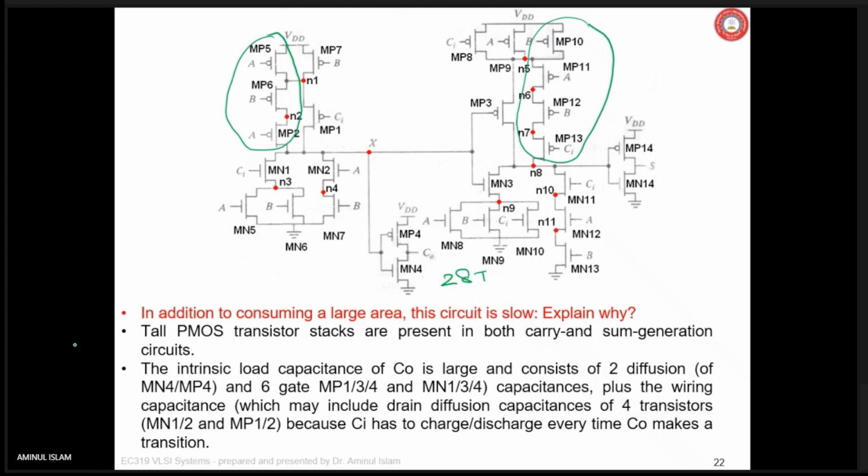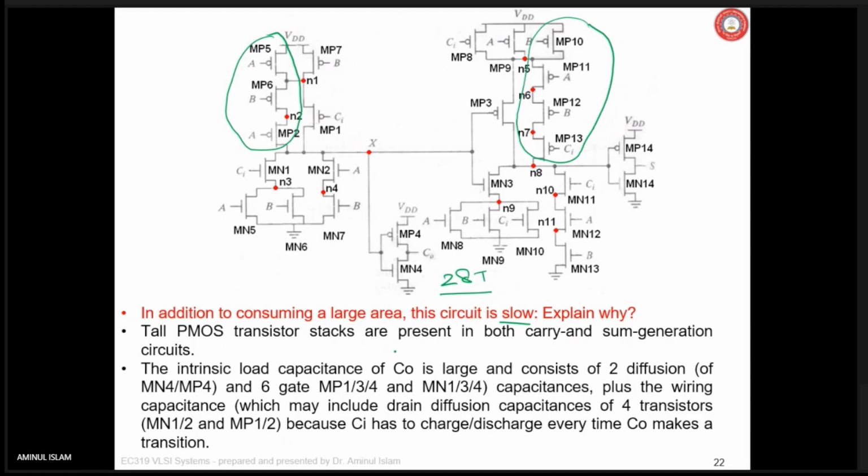Anyway, first it is telling that this is going to consume more area, which is well understood by 28 transistors, and how it is going to be slow, that has to be understood.